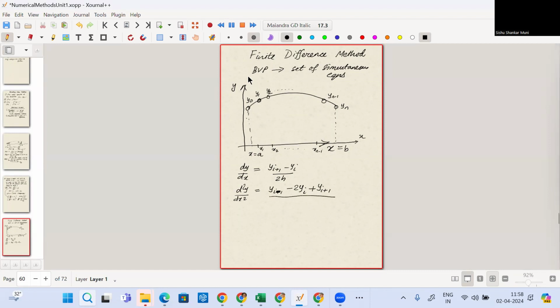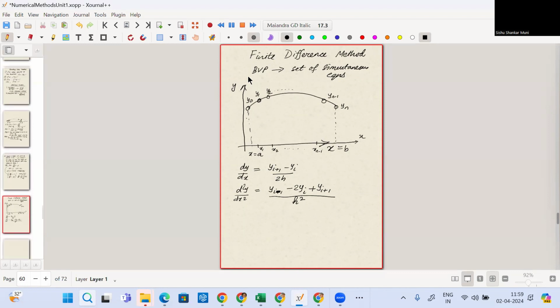Doesn't matter, but I want to go in a sequential way. Correct, right? Yeah. There should be an h square. So wherever you see these derivatives in your question, these will replace your derivatives, and finally it will lead you to n plus 1 linear algebraic equations, which you can simultaneously solve.